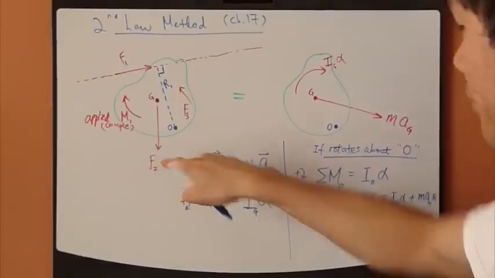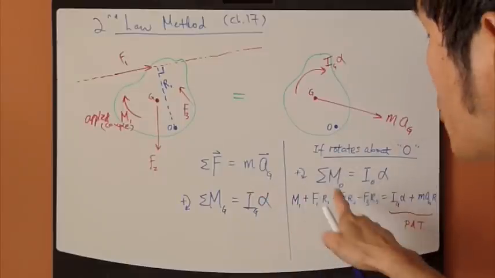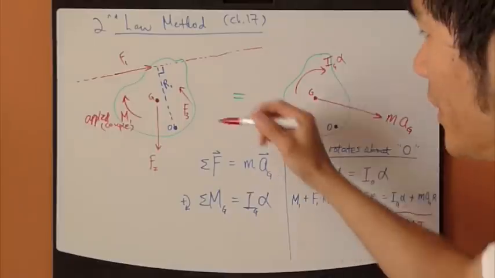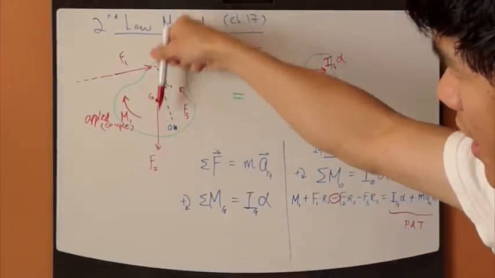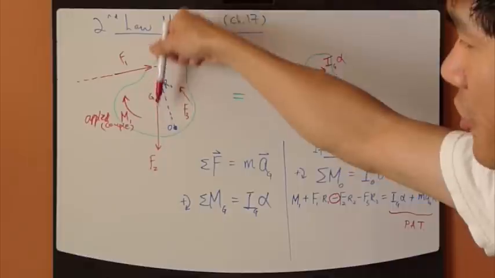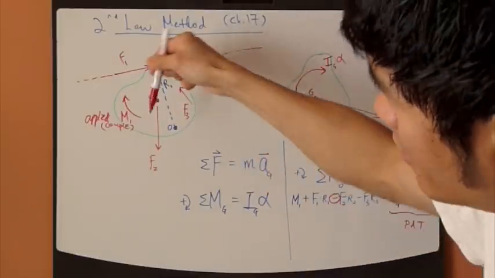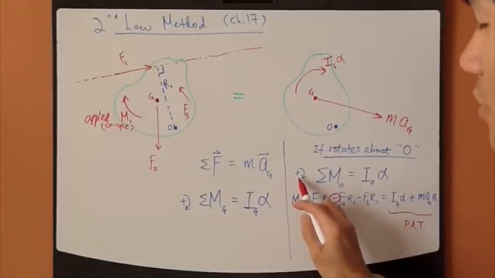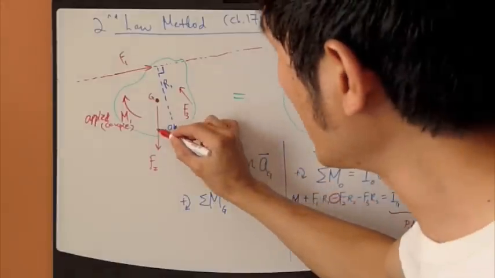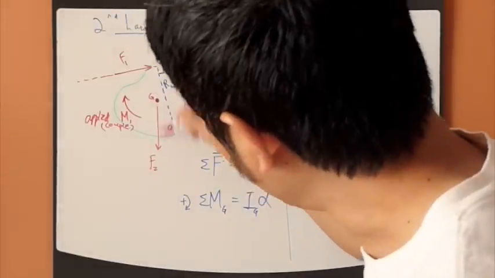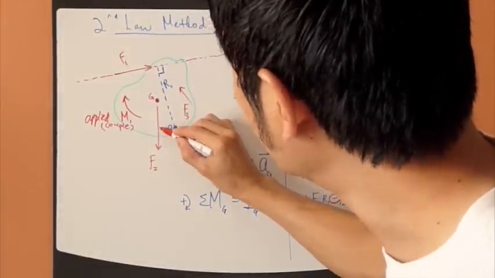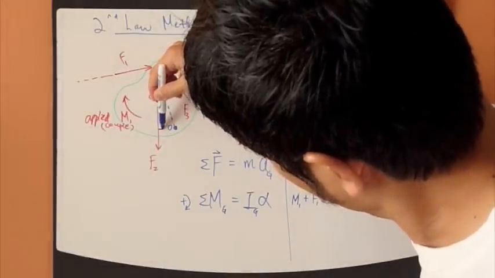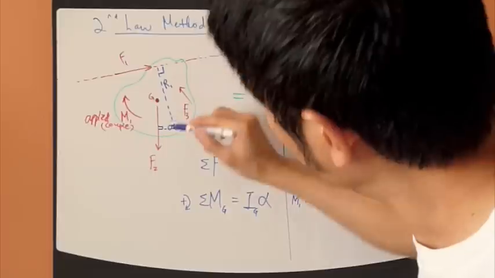Next, for F2, it's simply F2 times R2. Notice that there's a negative sign right here because F2 is pointing down this way, and the moment created by F2 about point O is counterclockwise, which is opposite of my positive direction. The distance between the F2 line of action and point O, again, is the perpendicular distance. So let me draw something like this, perpendicular.